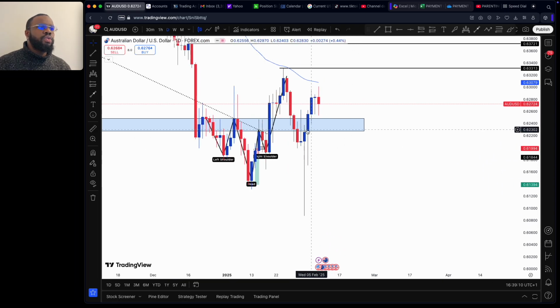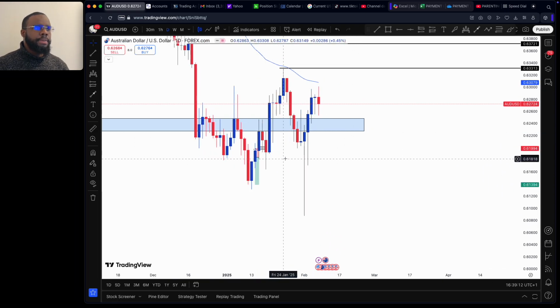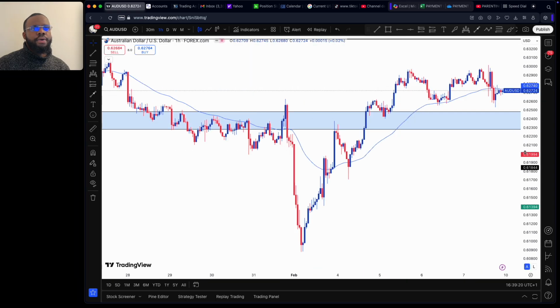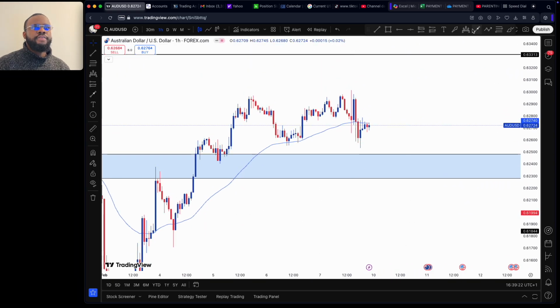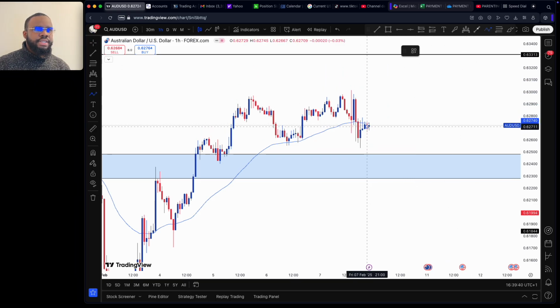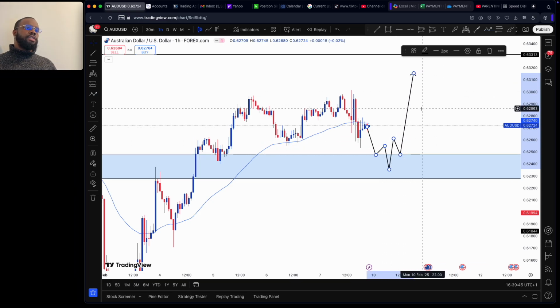So now what I'm anticipating is, now that price is back above the area of interest, I will just wait for the 1 hour time frame to give this kind of price action: either a retest of this area of interest, break above, and retest the area of interest alongside the EMA to take the price forward, or better still, come into the zone and give a reversal pattern to take the price to the upside.